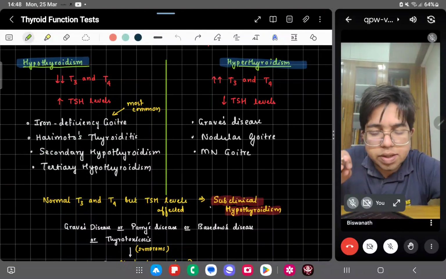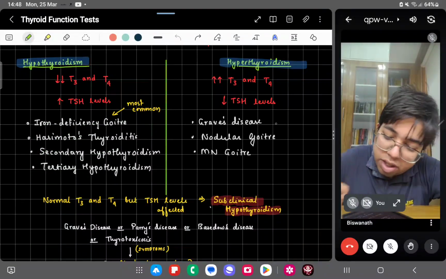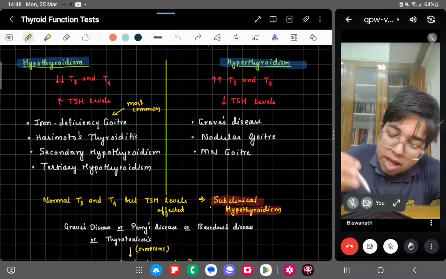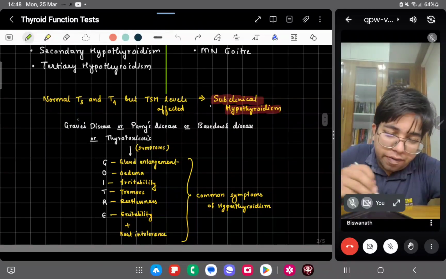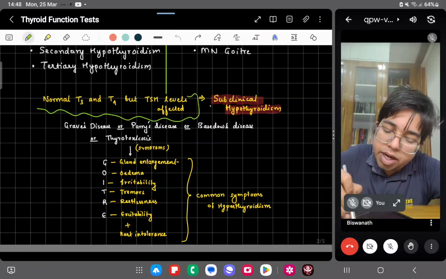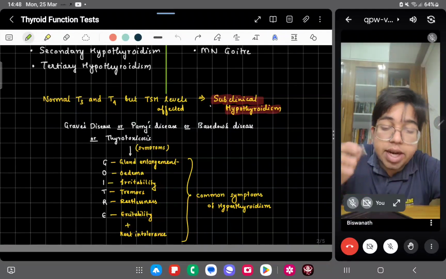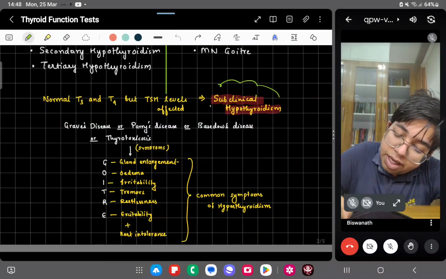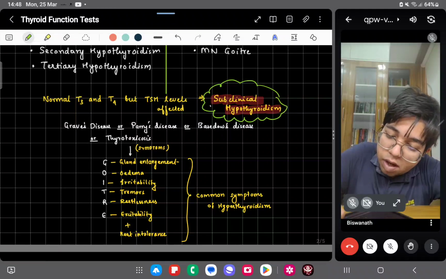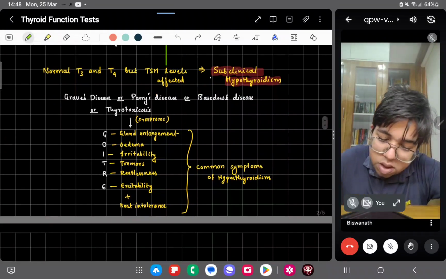And hyperthyroidism: Graves' disease, nodular goiter, and multinodular goiter. Normal T3 and T4 but TSH level affected: T3 and T4 are normal and TSH is abnormal. This is a unique case called subclinical hypothyroidism. Very important, just remember this.